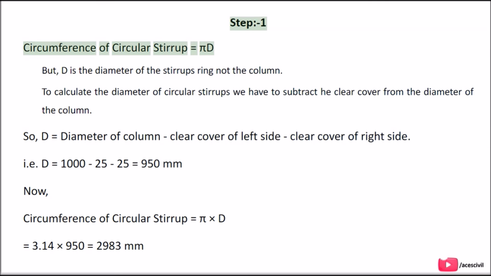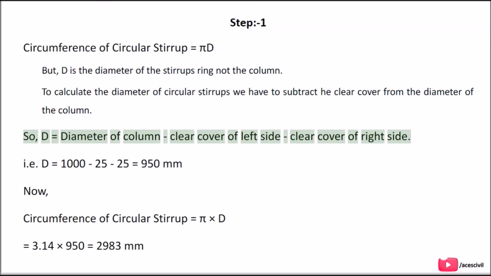Step 1: circumference of circular stirrup equals pi D. But D is the diameter of the stirrup ring, not the column. To calculate the diameter of circular stirrups we have to subtract the clear cover from the diameter of the column.